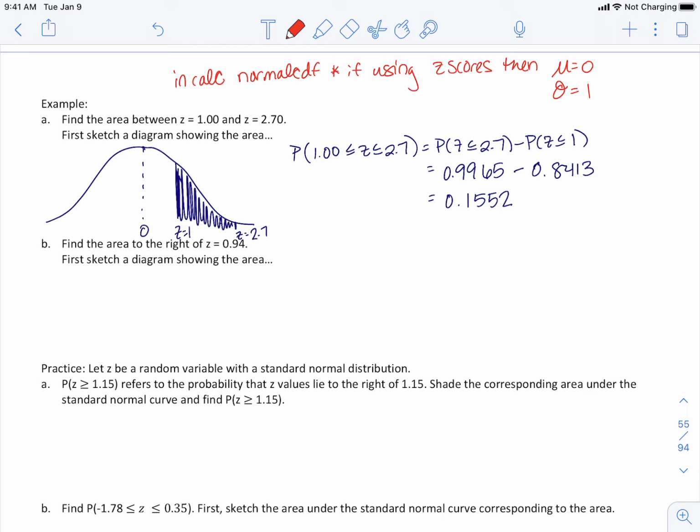So if we want to do this one in the calculator, we could do normal CDF. And because we're going between these two values, our lower bound is 1, our upper bound is 2.7, our mean is 0, and our standard deviation is 1. And then we will get that same answer, 0.1552.